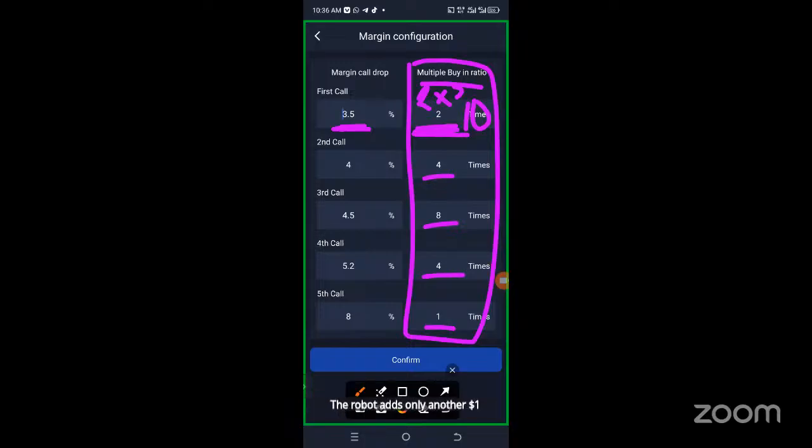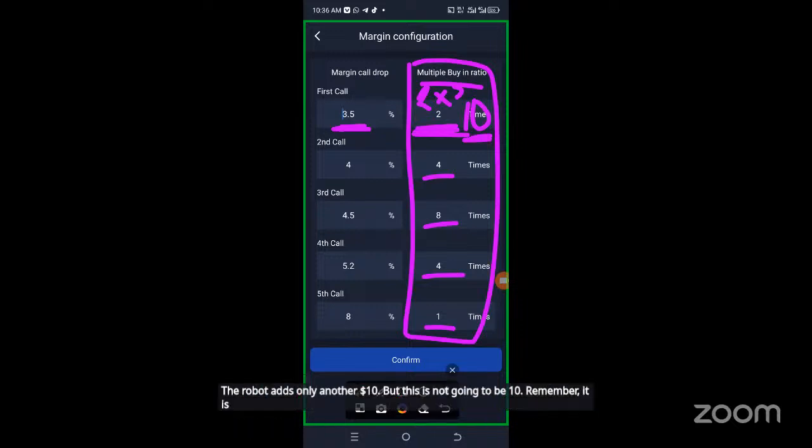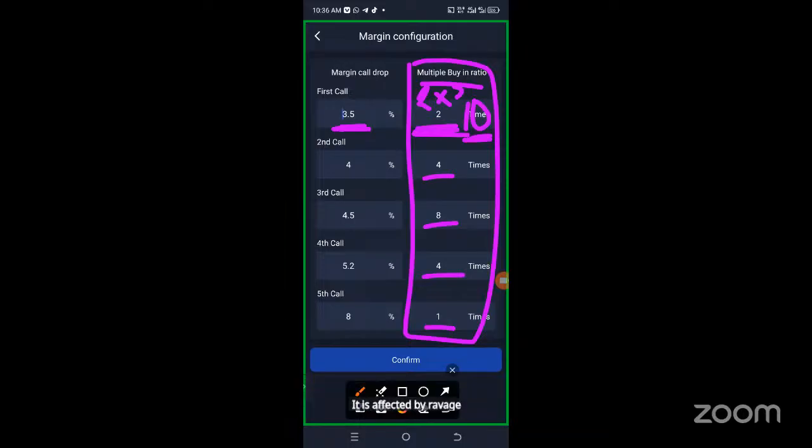But this is not going to be 10. Remember, it is affected by average. Therefore, the robot will put in $100.